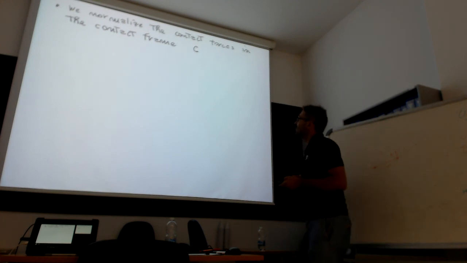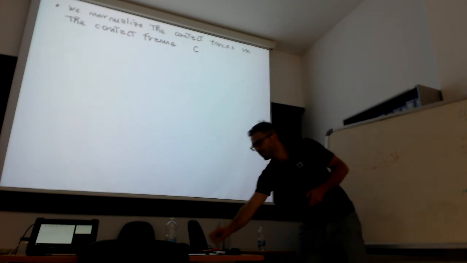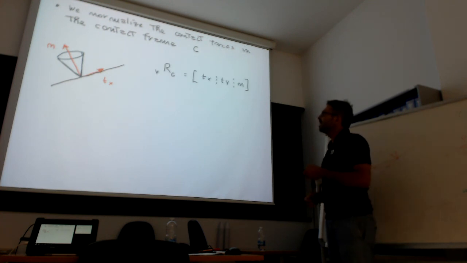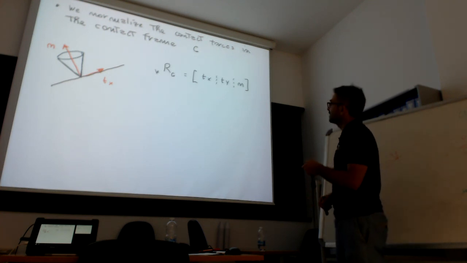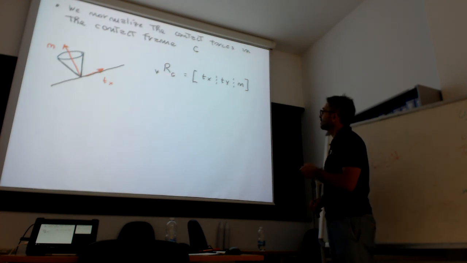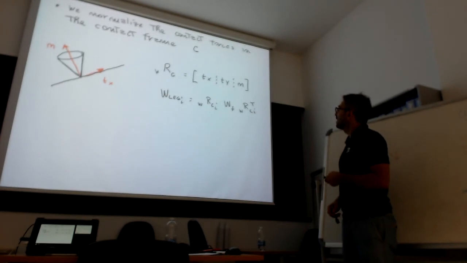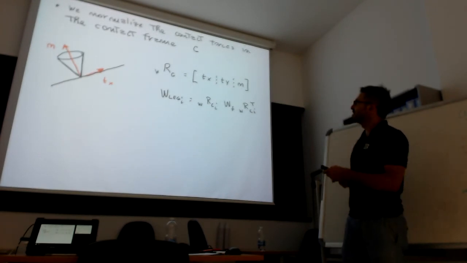And to have this robustness implemented, in essence, we consider the contact frame, and we build the rotation matrix between the contact frame and the wall frame, which are the unit vectors of the 3 axes, and then we normalize in this contact frame.